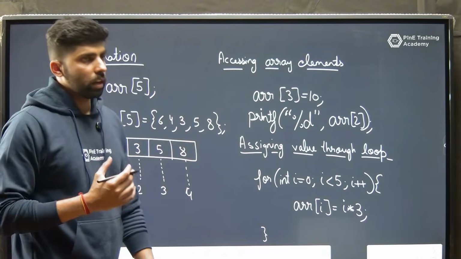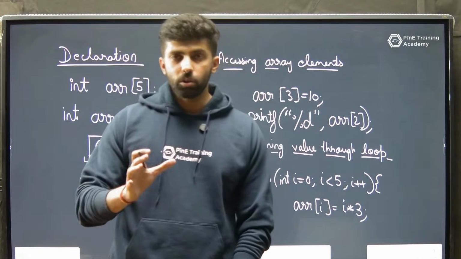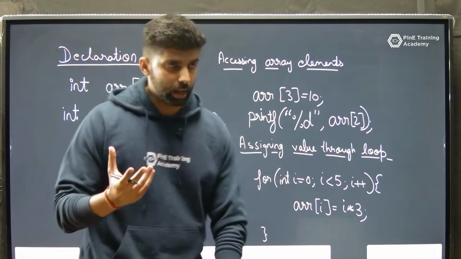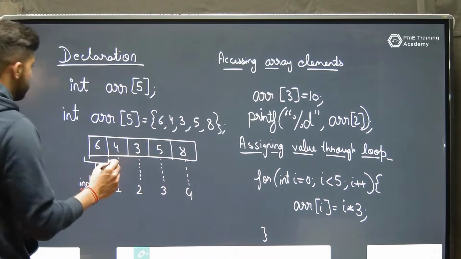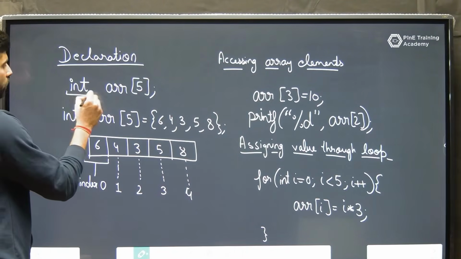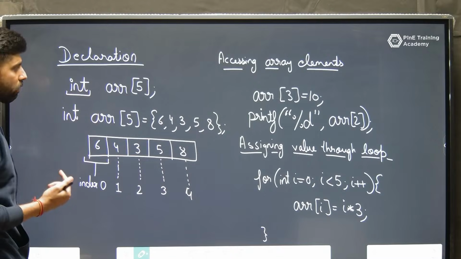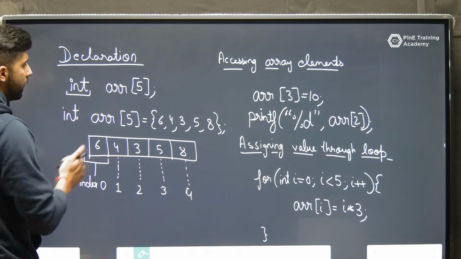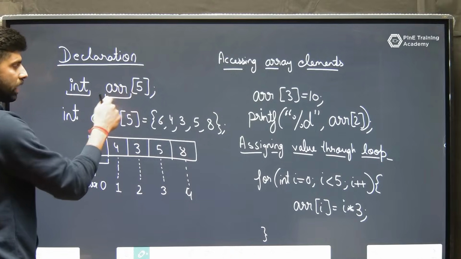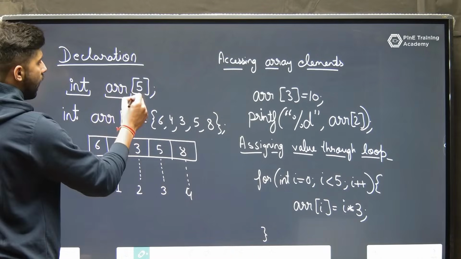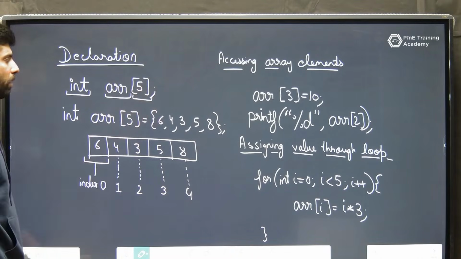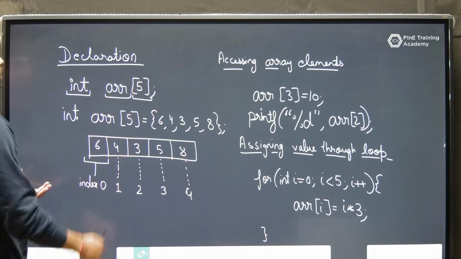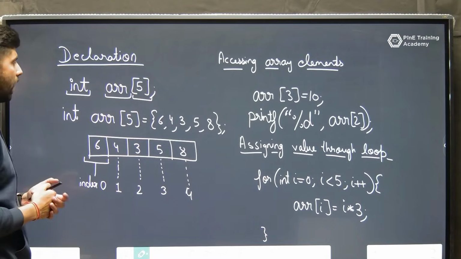We know that an array stores multiple values of the same data type. So how do we make an array? We specify what kind of data we want to store. We are storing int. Then we can give any name to our array, and how many values we want to store: 5 values. This is how I can declare an array.